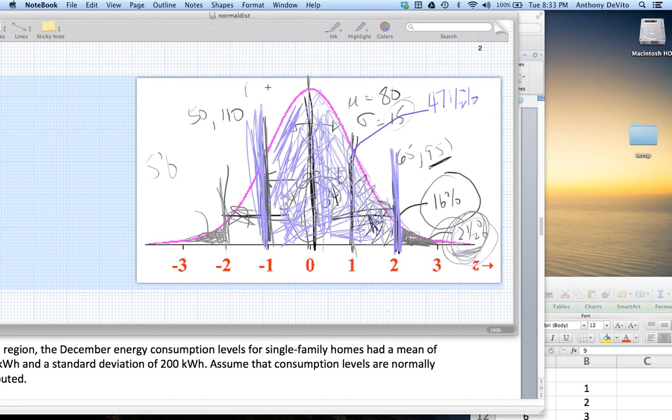So this is 34%, right? Half of the 68 that it would have been if we had both sides. And we add these two together, 34 and 47.5, and we wind up with 81.5%, right? Between 65 and 95. Okay? All right, got a little tricky.